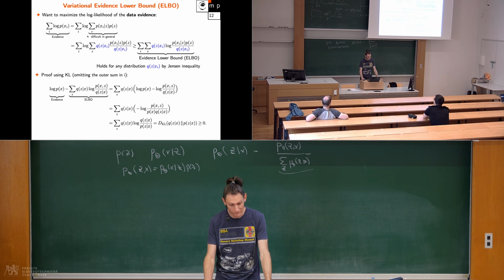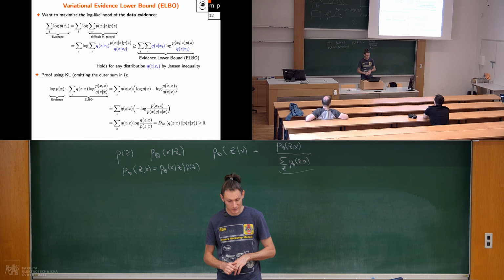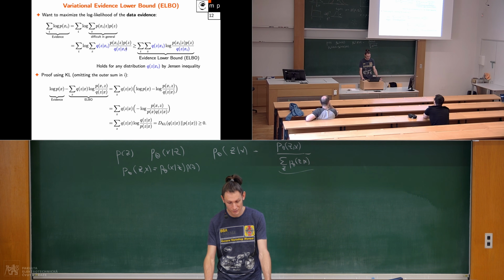So technically it works as follows. Here we divide and multiply by this conditional distribution of z given x_i. Obviously this cancels, right? And then by the same lower bound inequality, Jensen's inequality, that we used for the Kullback-Leibler divergence, it can be rewritten in this form, where you have a sum over z, this density as a weight factor, and then the logarithm of something.